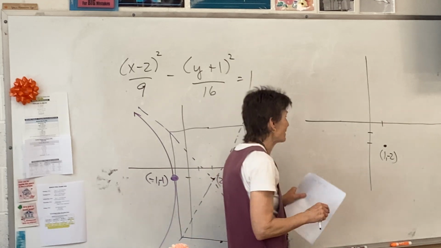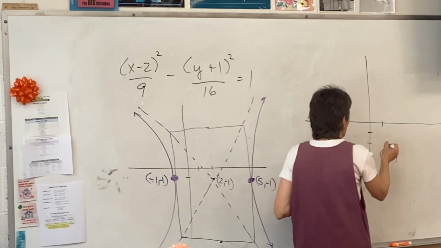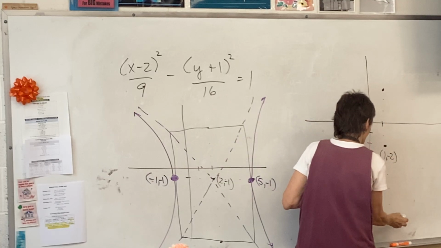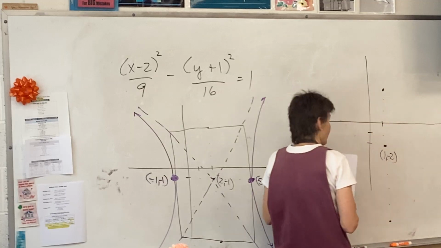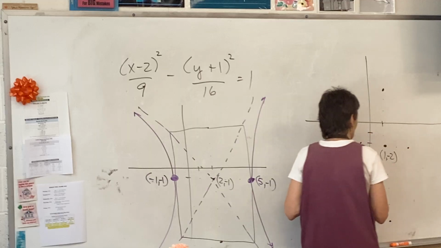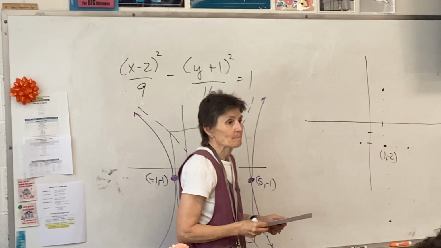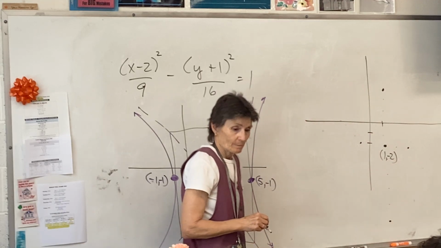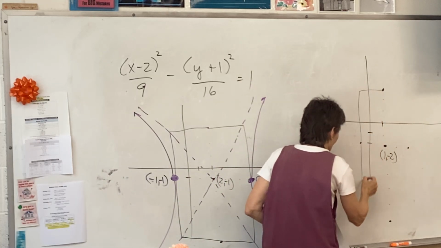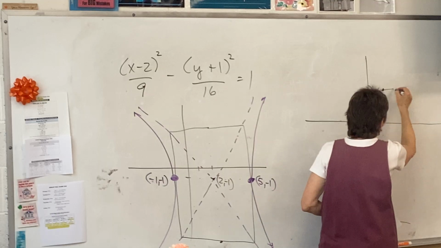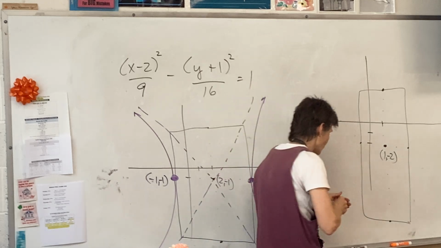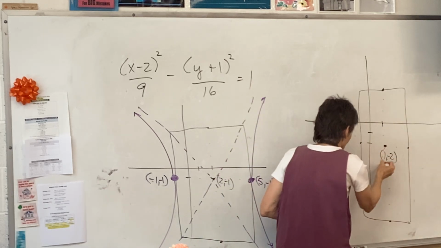Okay, now what does the 25 tell me to do? Up and down 5. So 1, 2, 3, 4, 5. And then the 4 tells me to go 2 and 2. Now what? Are you building your box, I hope? And then once you get your box made, are you popping in your asymptotes, which are simply the diagonals of the rectangle?